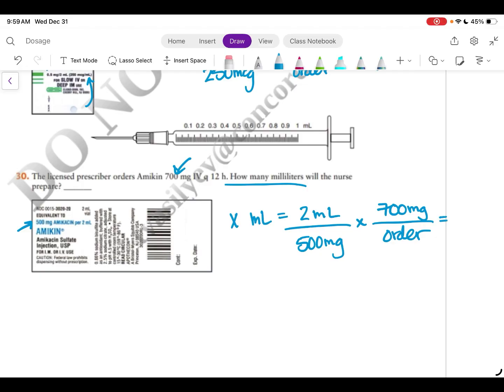Okay. So 2 times 700 and then divide by 500. I get 2.8 as my answer.